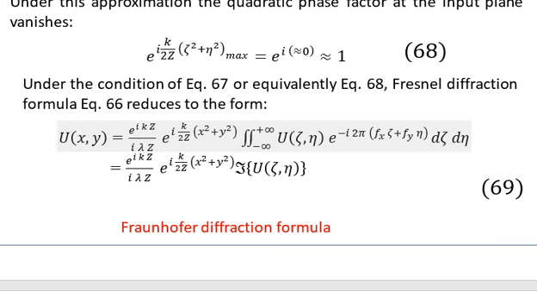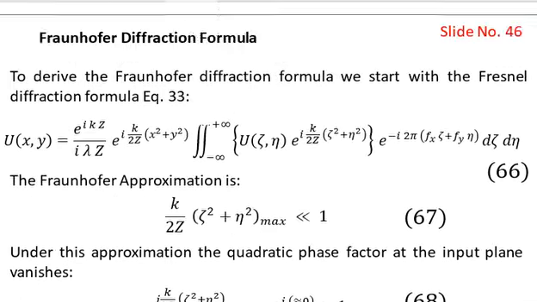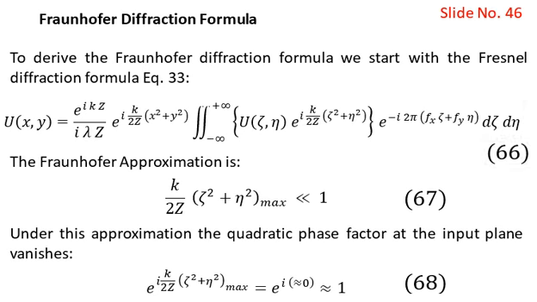You can recognize this integral as the Fourier transform of the field u of zeta and eta, so we have represented it in symbolic form by using the Fourier transform operator. This form, given in equation number 69, is referred to as the Fraunhofer diffraction formula. So what we have done is derive equation number 69 from equation number 66, which is the Fresnel diffraction formula, under the condition given by equation number 67.